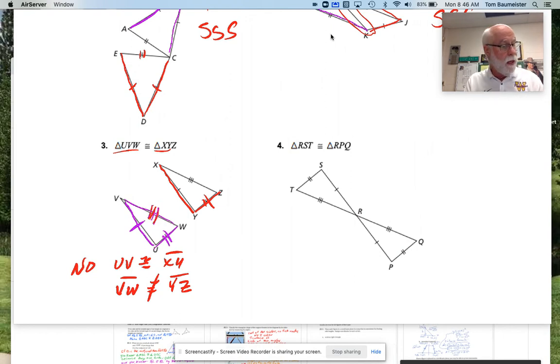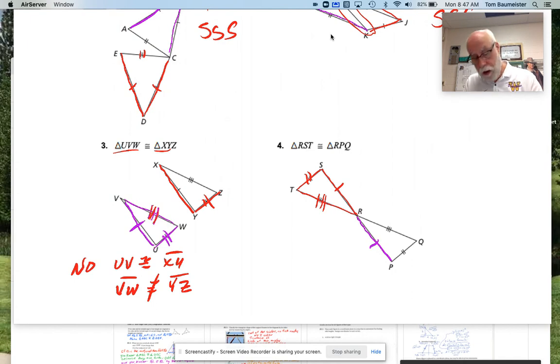And then finally, the last one, RST. So I went through the one marked 1, I went through the one marked 2, and then I'm ending with the one marked 3. If I do the same on the other one, and I should have changed my colors, but I didn't. So RPQ goes through the one marked 1.